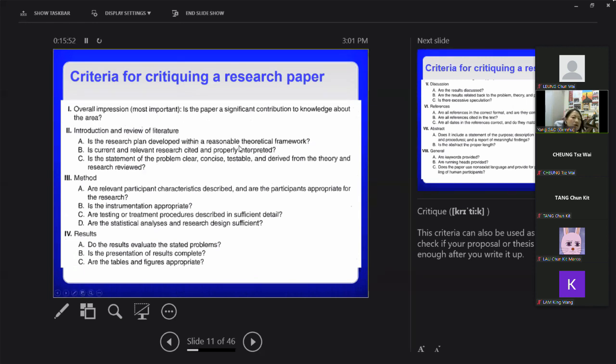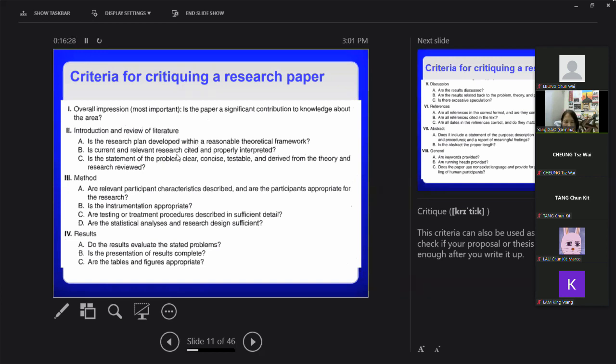Overall, you may take a look: is it important, and does it contribute significantly to the knowledge base? That's the overall value of the article. Then for the different sections, there are different criteria for judgment. For the introduction, which sometimes is called background, you may check: is the research plan developed within a reasonable framework?